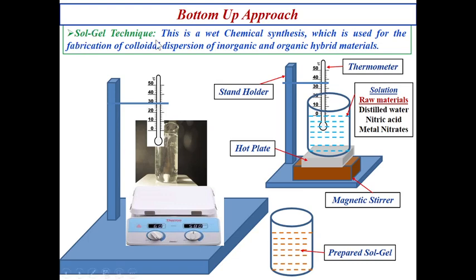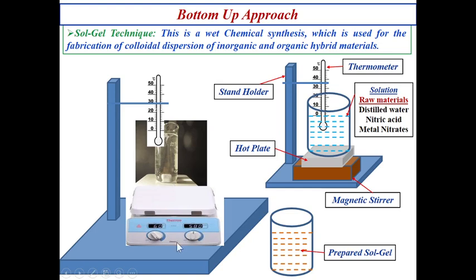So sol gel technique is a wet chemical synthesis which is used for the fabrication of colloidal dispersion of inorganic and organic hybrid materials. With the help of this method, first a colloidal dispersion solution has to be prepared. In the diagram here you can see, in the beaker one solution is going to rotate with the help of the magnetic stirrer.